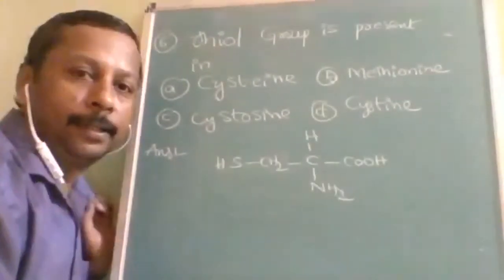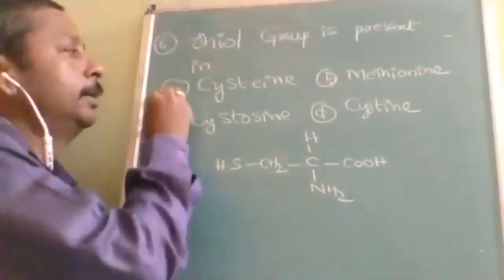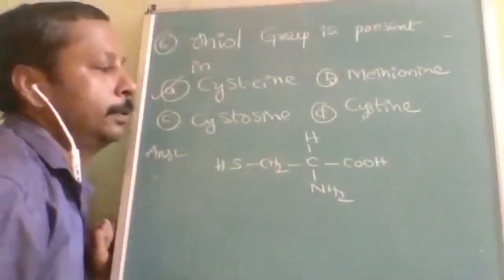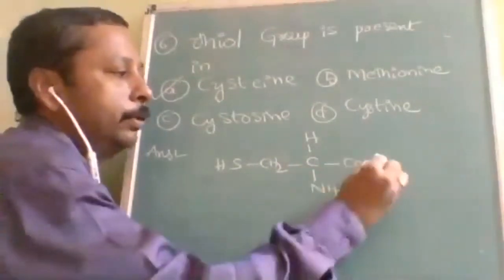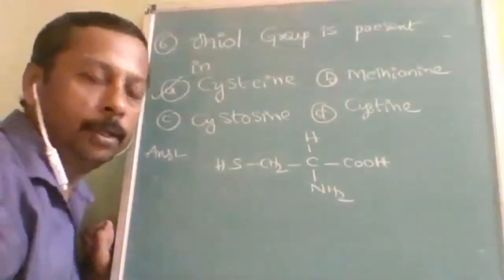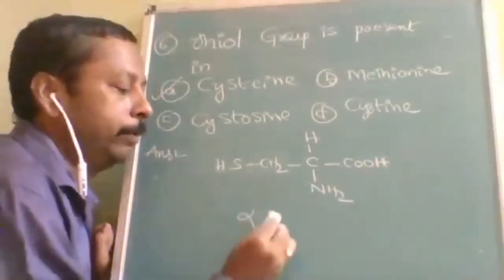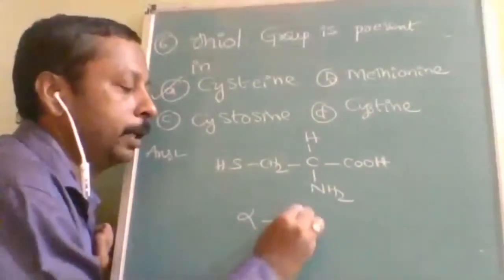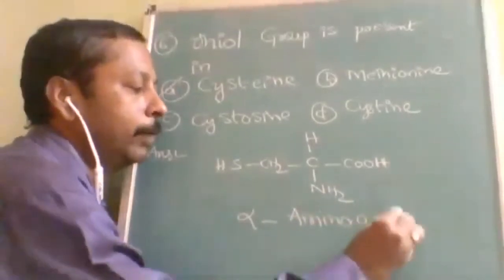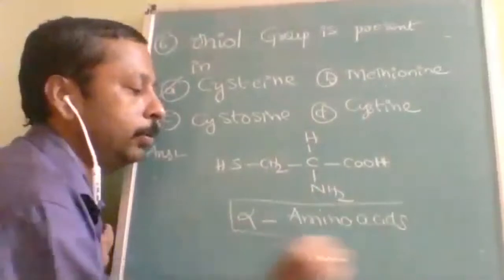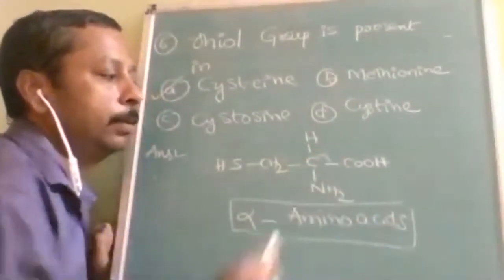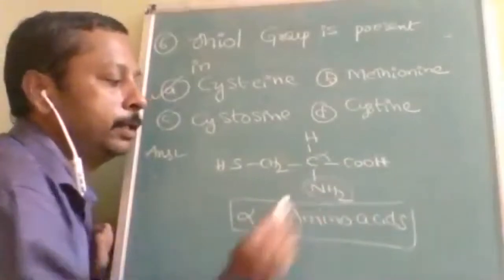The answer is A. This structure is cysteine. You will study this more in the biomolecules chapter, where there is a topic called alpha amino acids. Alpha amino acid means a carboxylic acid where this is the alpha carbon, and the alpha carbon contains NH2.